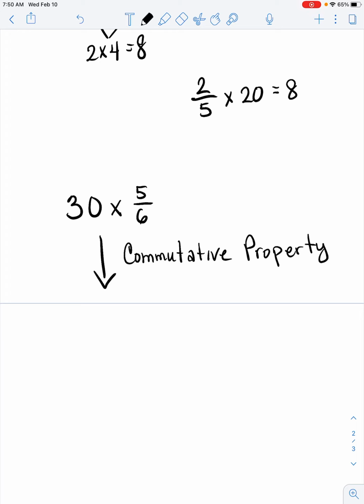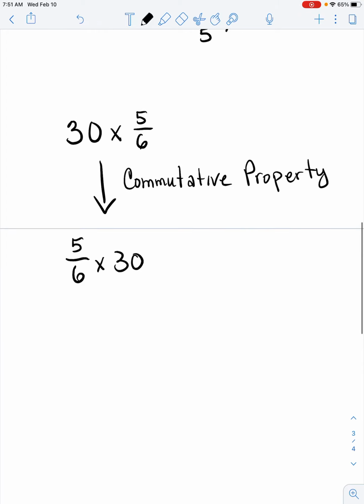So if I can't wrap my mind around 30 times 5/6, which it's hard to do, I can change the order, and I can say it's the same thing or equivalent to 5/6 times 30. All that is using the commutative property to change the order.